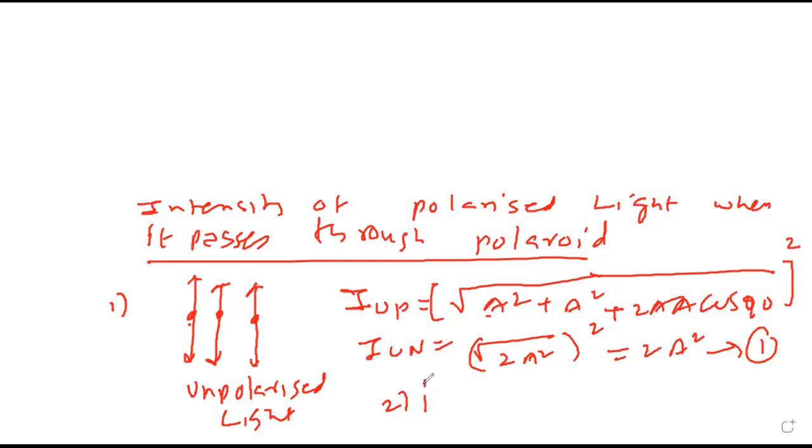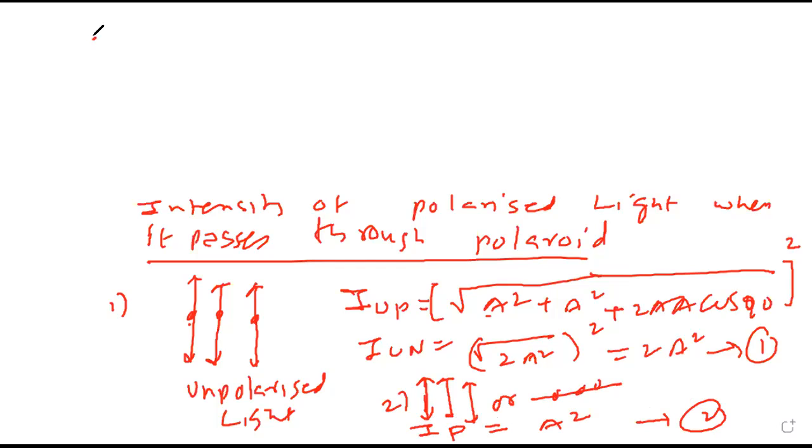So in the first case, unpolarized light intensity will be 2a square. Now polarized light means only one vibration, so the amplitude is only a, and the intensity of polarized light will be only a square.